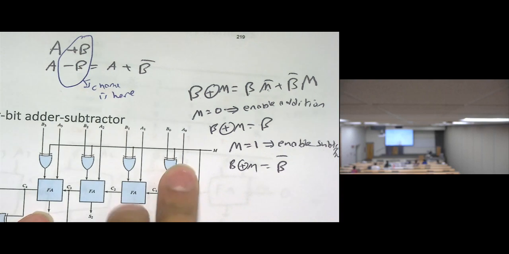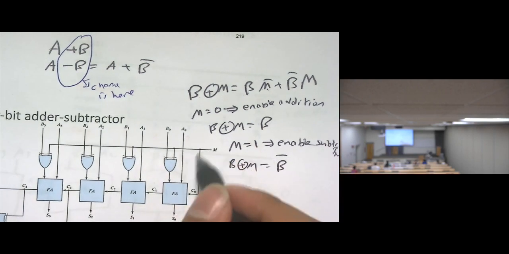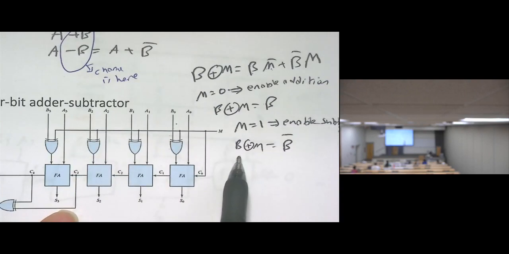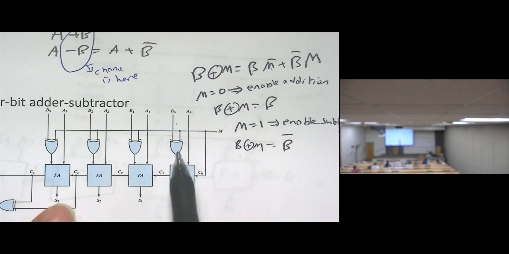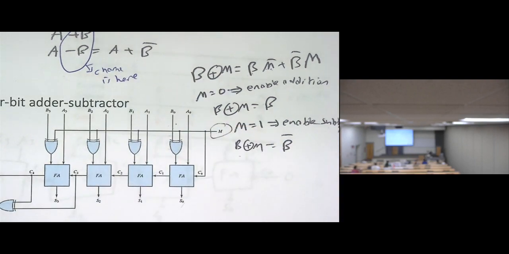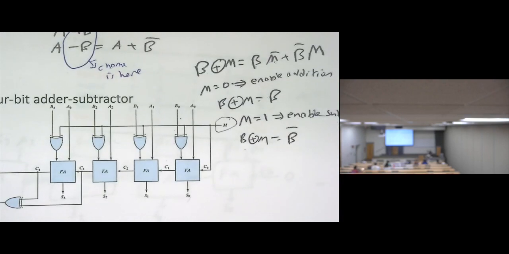So the exclusive OR here plays an important role in making either addition or subtraction. But we need to add something called M, which is the control mode or control signal. So if M is 0, then apply addition. If M is 1, apply subtraction. That's how some of the chips that we are using right now in real life apply it. Addition and subtraction can both be supported.